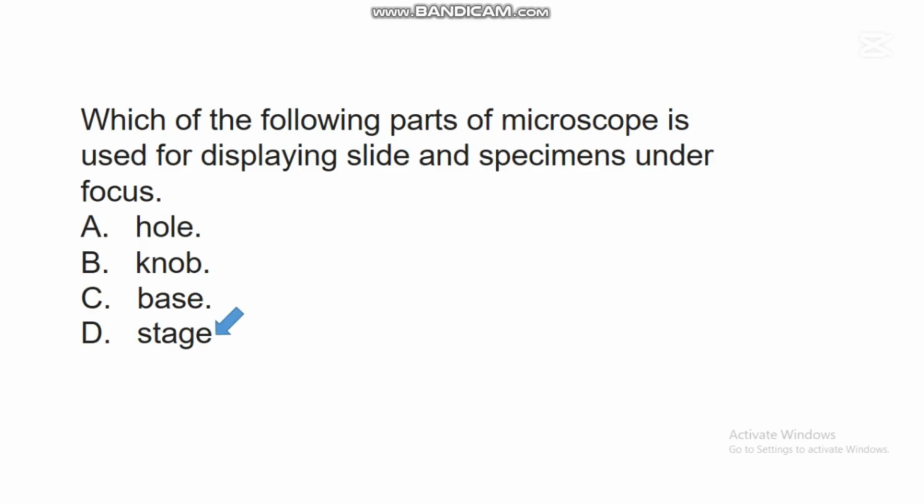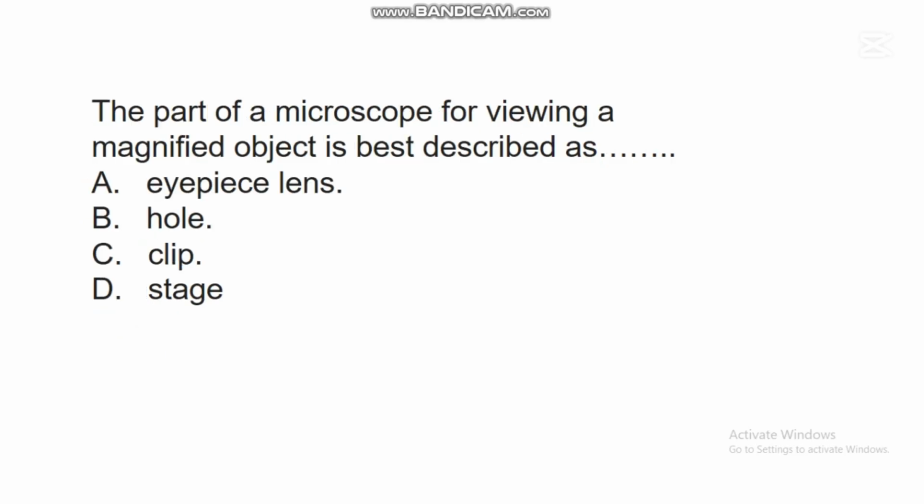and specimens under focus. The next question says, the part of a microscope for viewing a magnified object is best described as dash. A. Eyepiece lens. B. Hole. C. Clip. D. Stage.